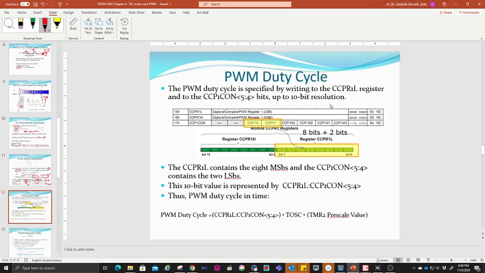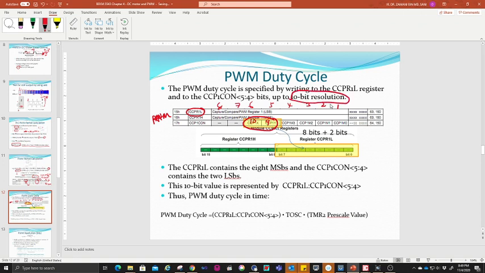You can see here the register name CCPR1L, and this is an 8-bit register, bit 0, 1, 2, 3, 4, 5, 6, 7, plus another 2 bits here, which makes 9, 10. That's why they call it 10-bit resolution.